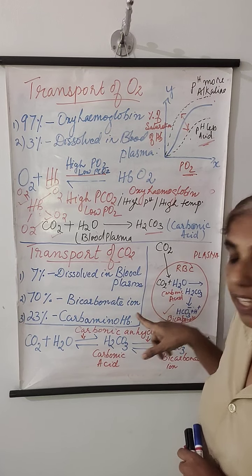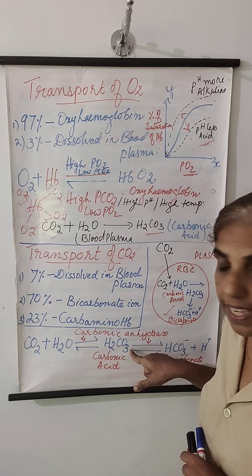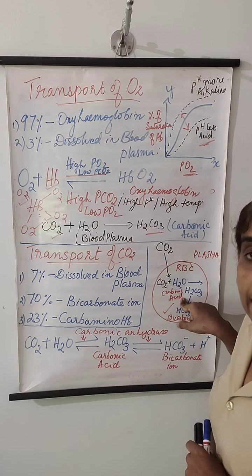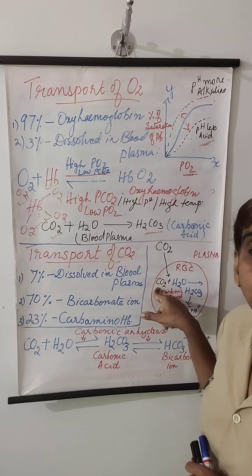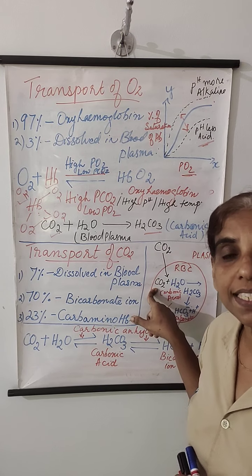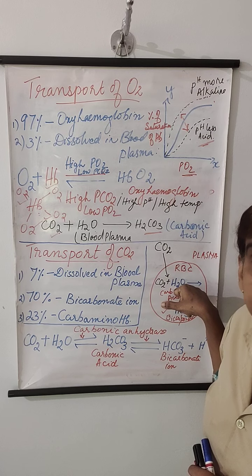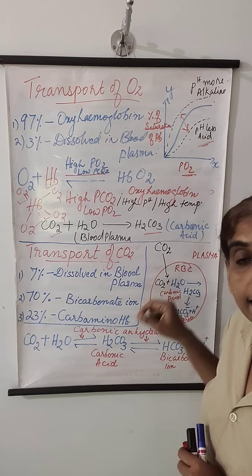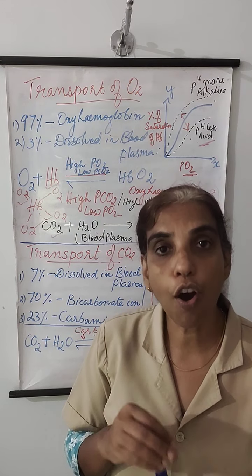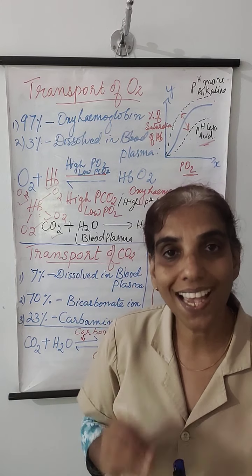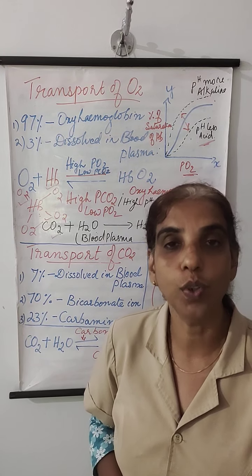Bicarbonate ion we have seen formed by the help of carbonic anhydrase enzyme by the ionization of carbonic acid. We have seen that carbonic acid formation takes place with the help of water present inside the RBC. I hope that both the processes of oxygen transport as well as carbon dioxide transport through blood are clear now. Thank you.